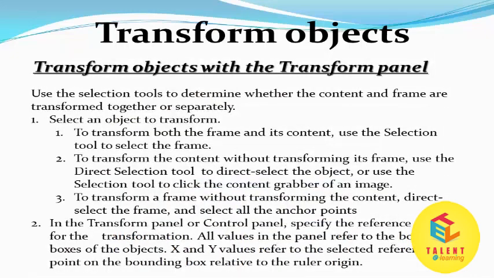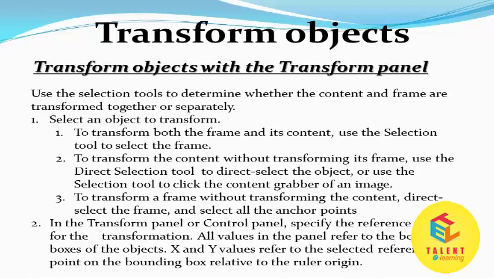Transform an object with the Transform panel. Use the Selection tool to determine whether the content and frame are transformed together or separately. First, select an object to transform. To transform both the frame and its content, use the Selection tool to select the frame.